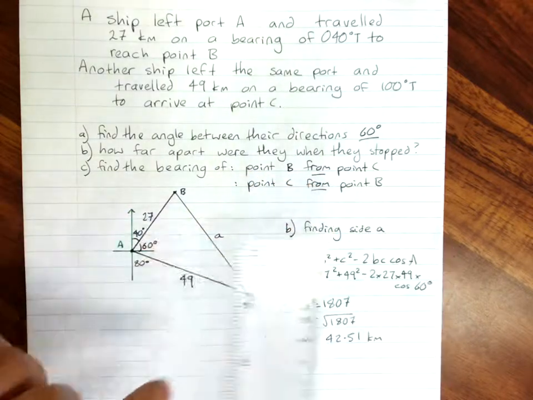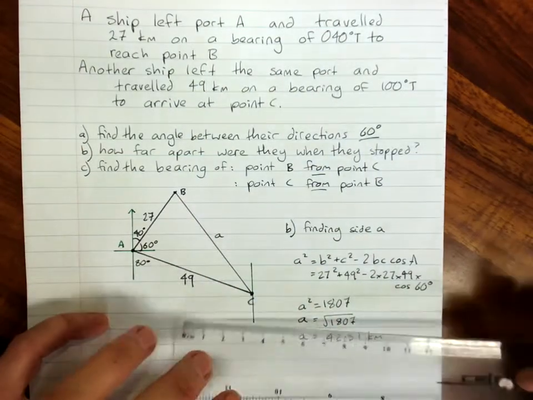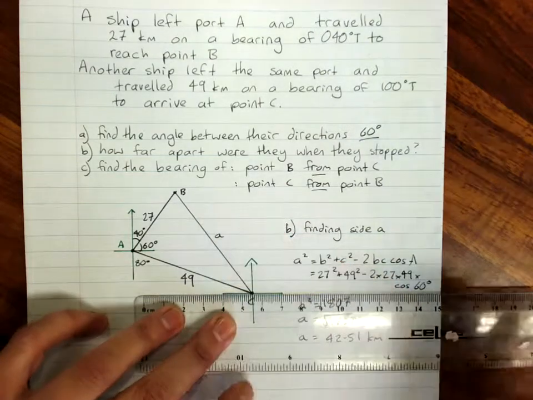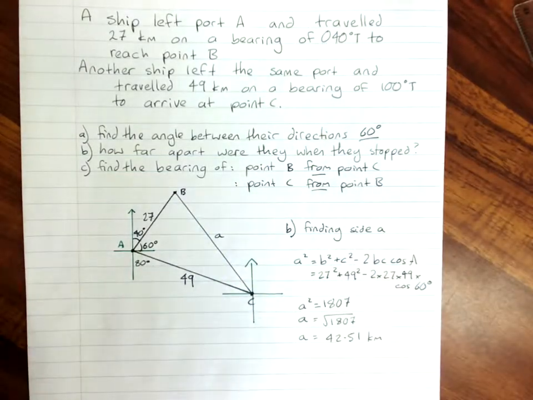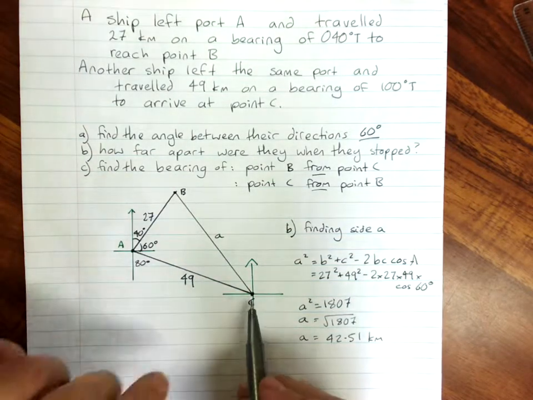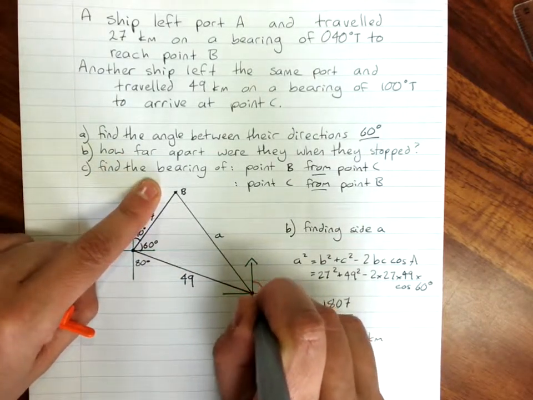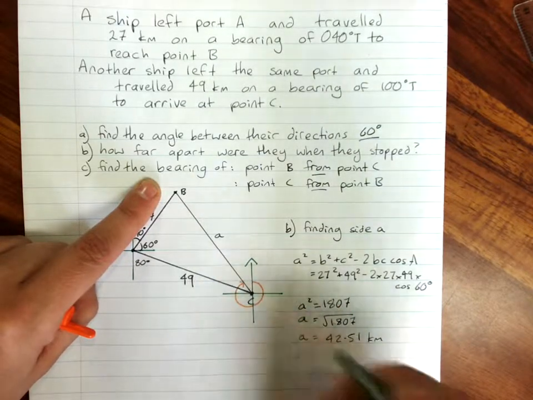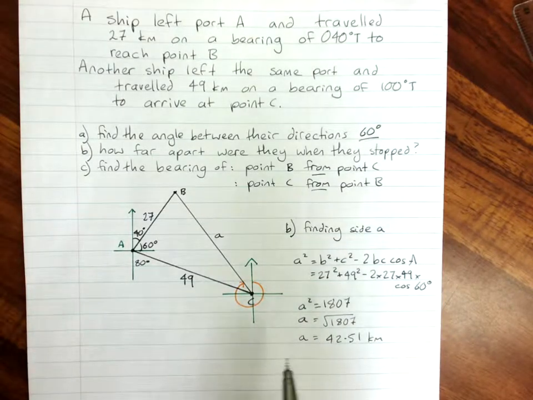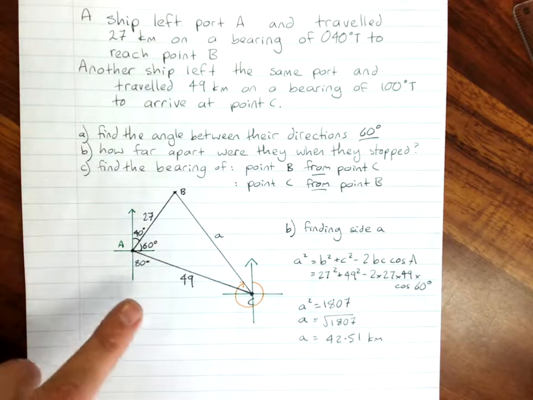Point B from point C, put a compass rose at point C, and draw in the bearing that you want. So the bearing that I want is facing from C up to B, which means it will be this angle around to there. Now you can't find that angle directly, but you can find it by finding other angles in the triangle. So we look for what we do know.